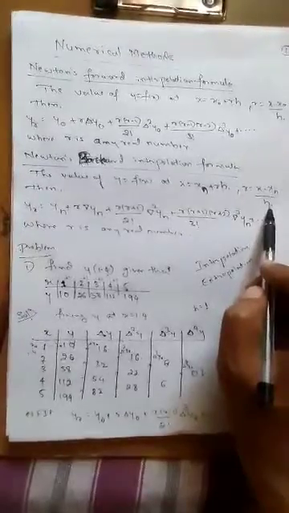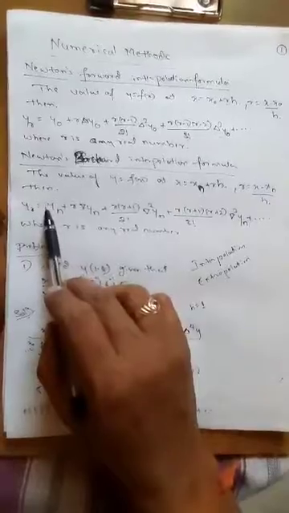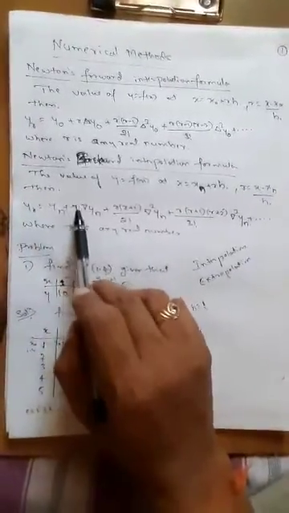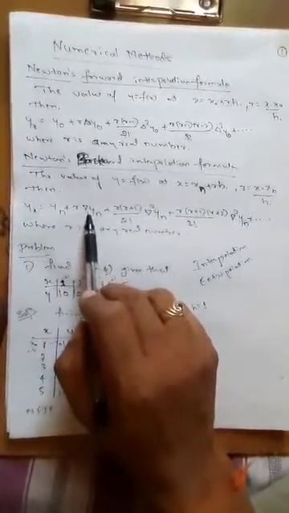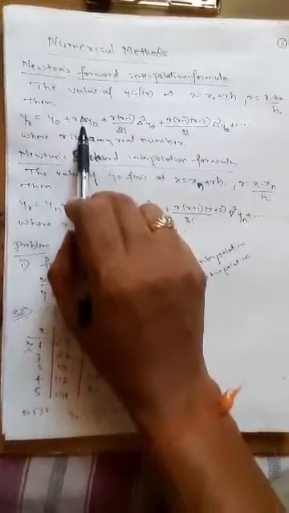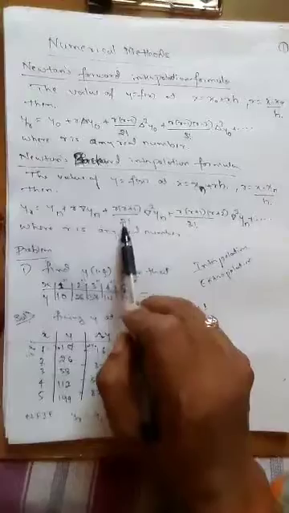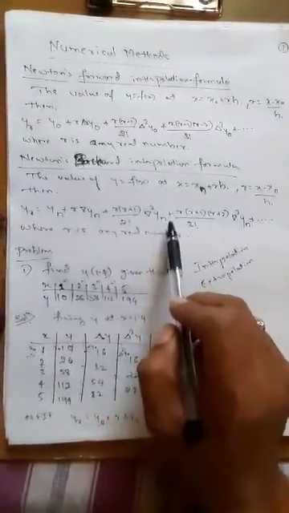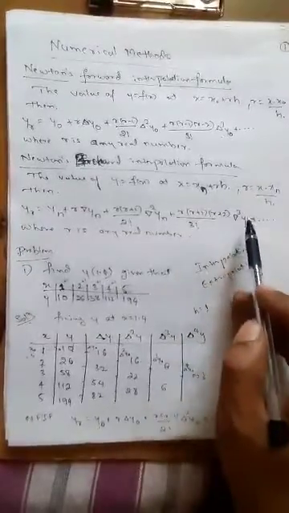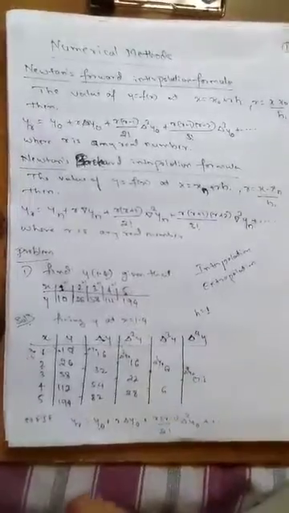The standard formula is y r is equal to y n plus r into delta y n. Downward delta we use in the backward, and upward delta in the forward interpolation formula. So plus r into (r plus 1) by 2 factorial delta square y n plus r into (r plus 1) into (r plus 2) by 3 factorial into delta cube y n plus so on, where r is any real number.